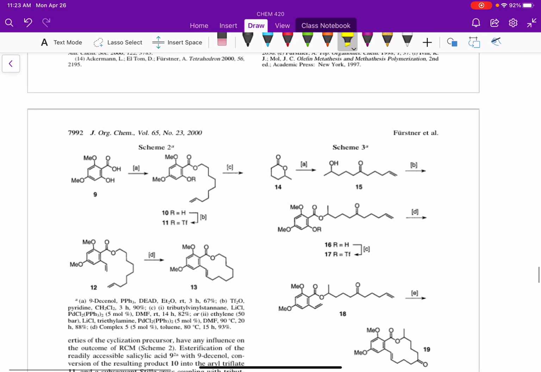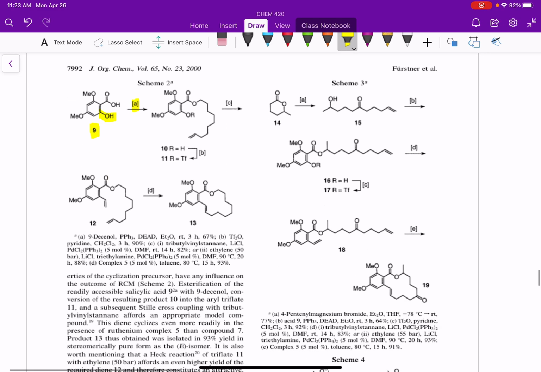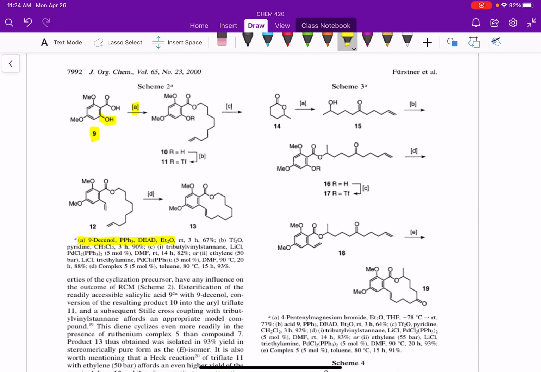I just want to show one more scheme to put all this together. They start with compound 9, which has a phenol functional group. In step A, they first do the Mitsunobu reaction. They add 9-decenol, which we've already seen, triphenylphosphine and DEAD. That adds on this carbon chain here.